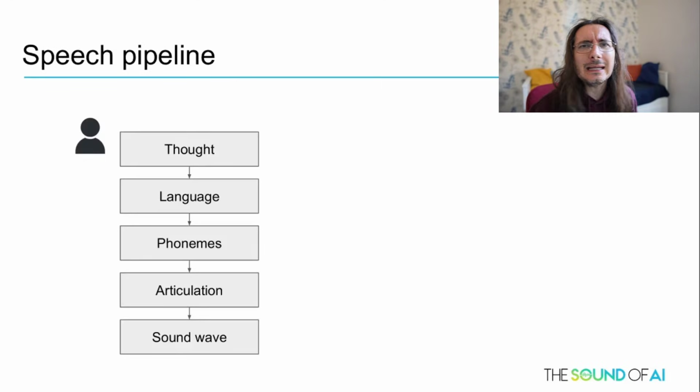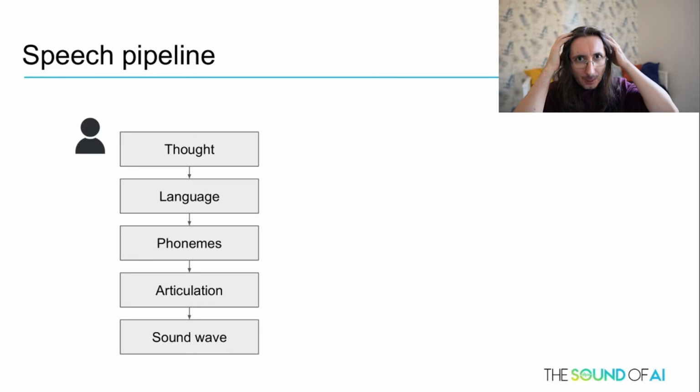Good. Let's take a look at the human speech pipeline, the way we produce speech. It all starts in our brain with our thoughts. Here we have what we want to communicate to other people. Then those thoughts get implemented into language, into words.